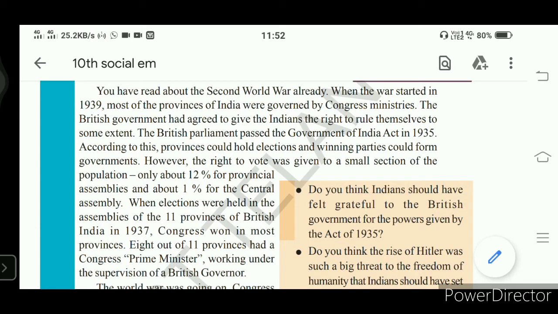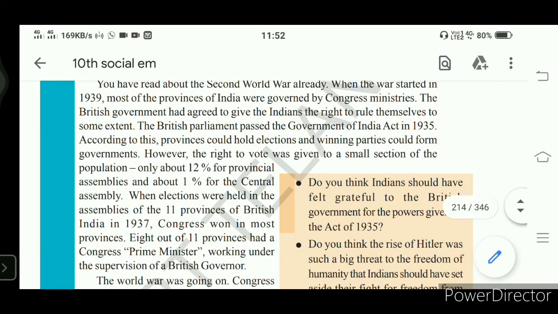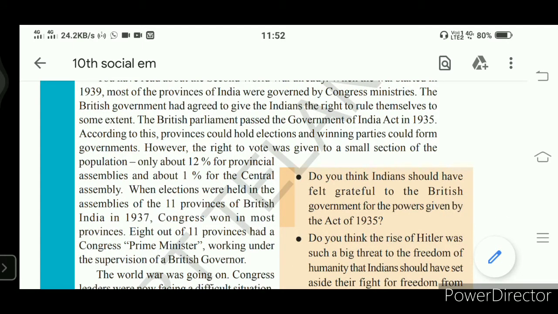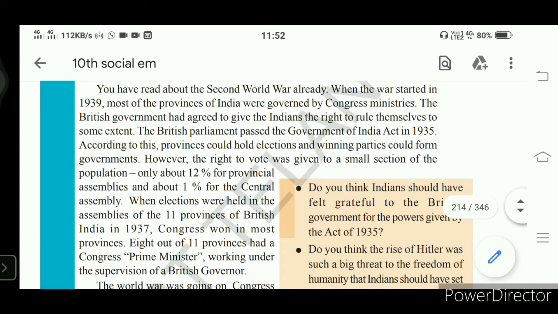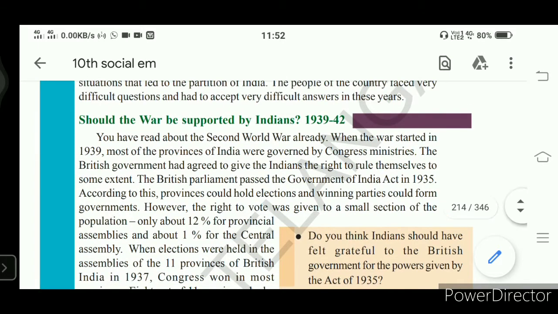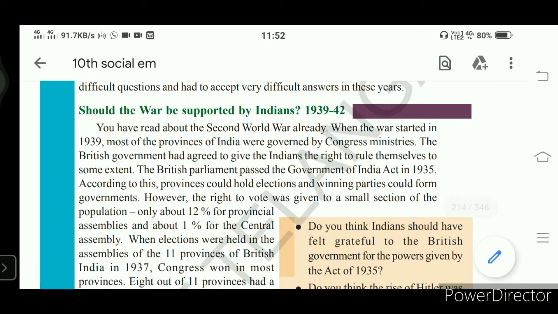In provincial elections, Congress is allowed and the winning parties are allowed to form the government. So when elections are going to be conducted as per Government of India Act 1935, there is need to extend right to vote to the people, right?